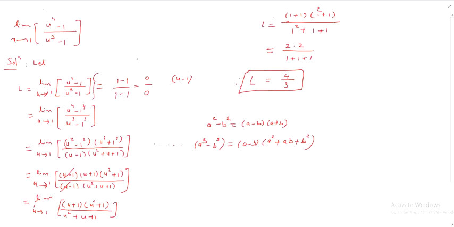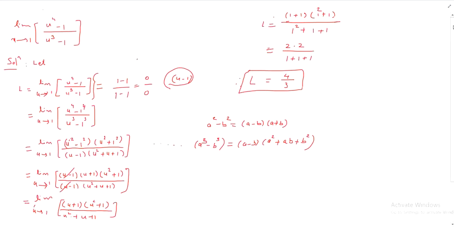So find this factor and cancel it. Here we found it by factorizing the given polynomials, and we cancel it in this way, and by substituting the limit we get the required answer, that is L is equal to 4/3.